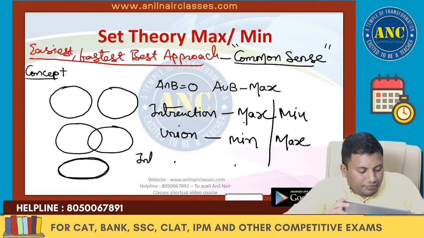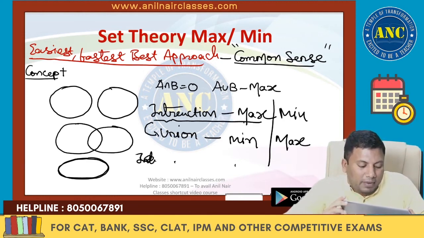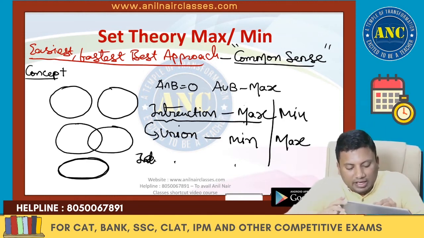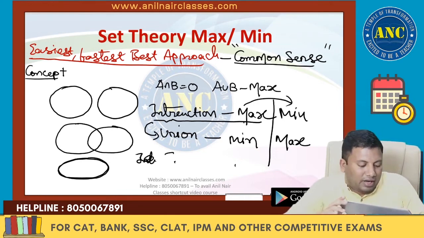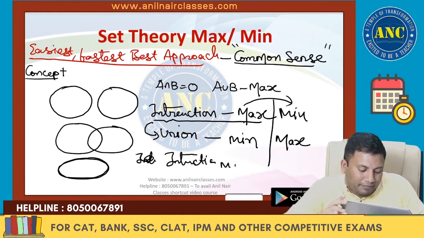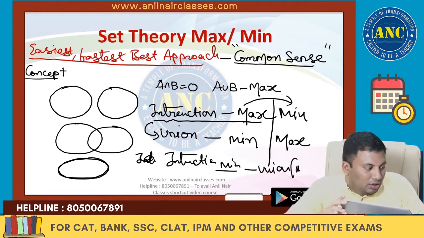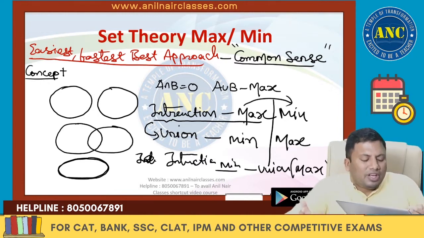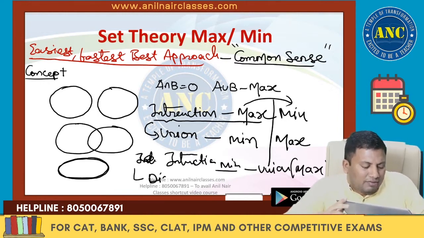Intersection maximum we require, make union minimum. Intersection minimum we require. If I want to find out the intersection minimum, union will be maximum. When will the union be maximum? When the sets are disjoint sets. Are you all with me?